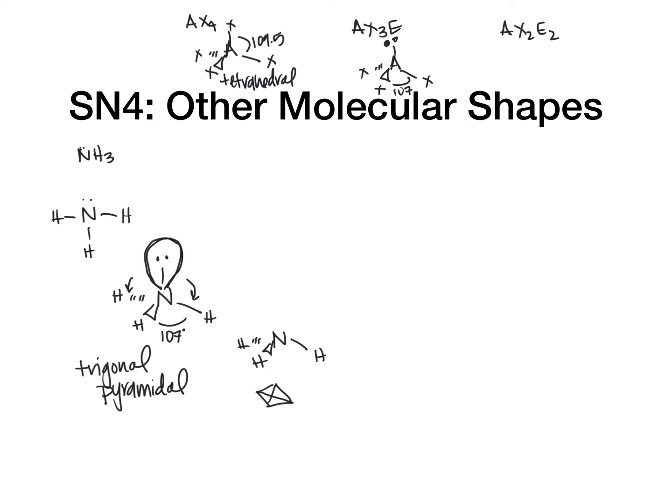So let's look at one with AX2E2. Water, or H2O, is a good example, where we have a Lewis dot structure that looks like this. And based on this structure, you might expect for the hydrogens to be 180 degrees apart. So when we count the number of things connected to the central atom, what we see is 1, 2, 3, 4.